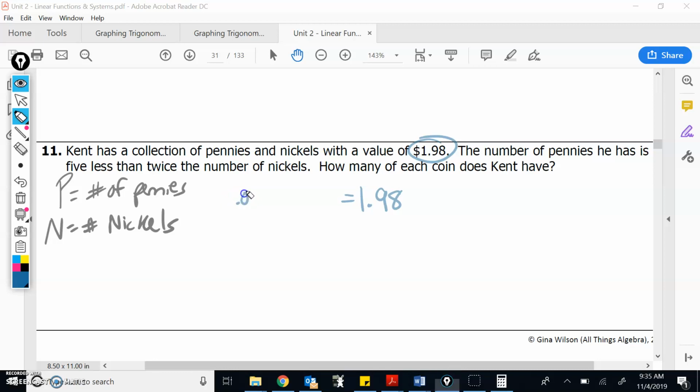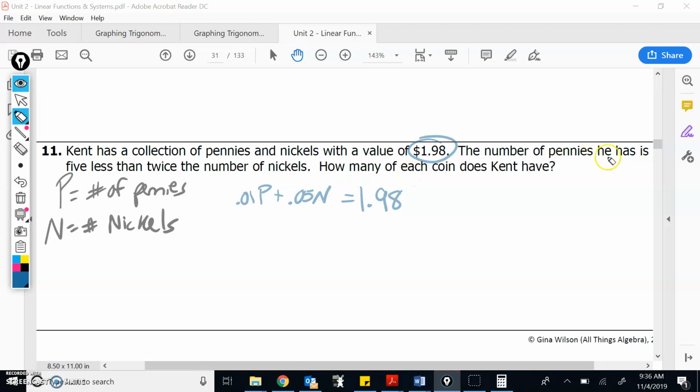So 0.01 times the number of pennies, since it's 1 cent for pennies, and then 5 cents for the amount of nickels is going to be the total of 198.